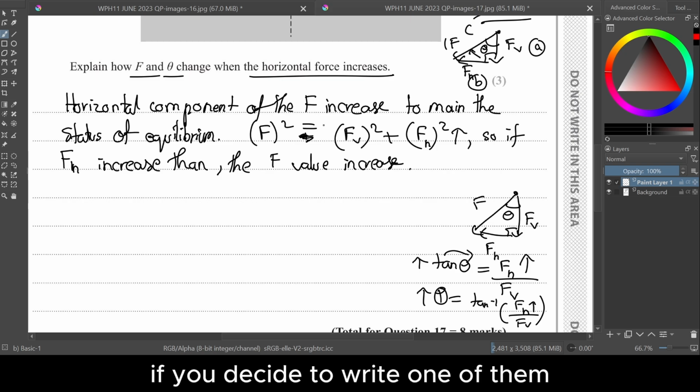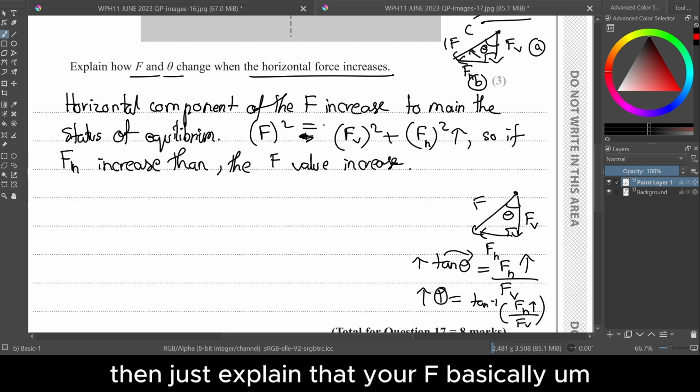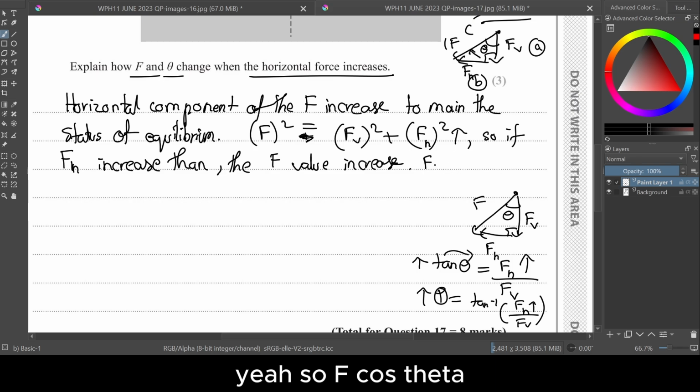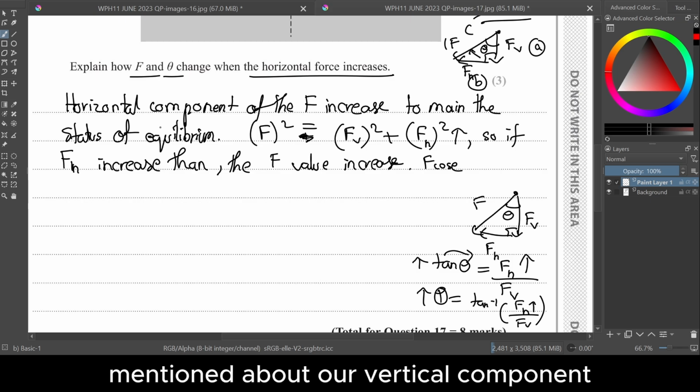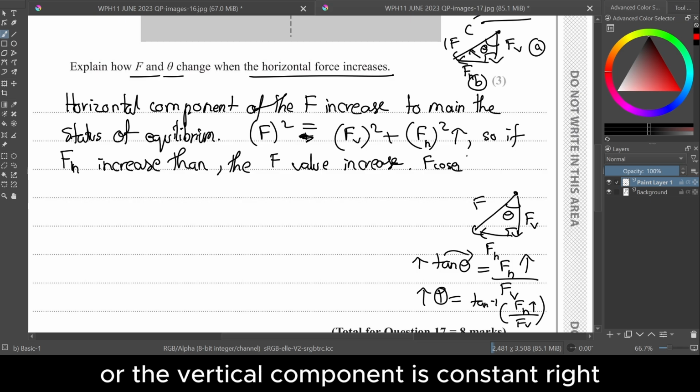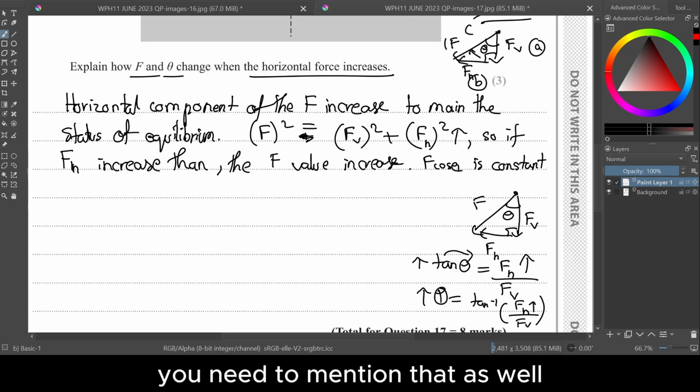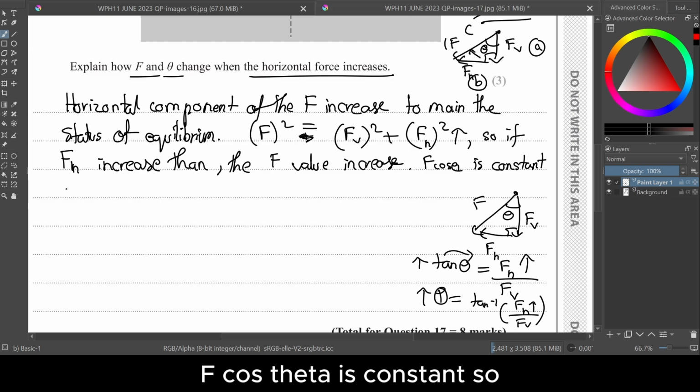And if you decide to write one of them, then just explain that your F cos theta, because I haven't mentioned our vertical component, so I can just say F cos theta, or the vertical component, is constant, right? I forgot to mention that. You need to mention that as well. F cos theta is constant.